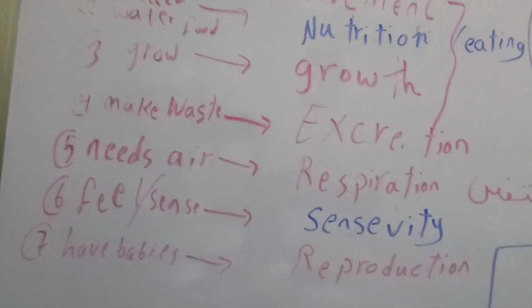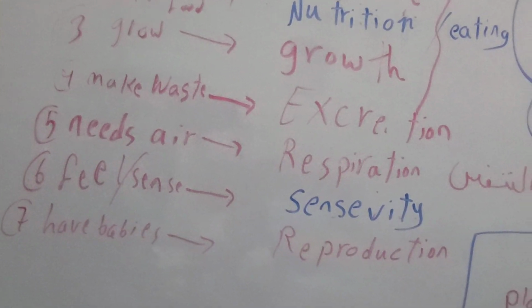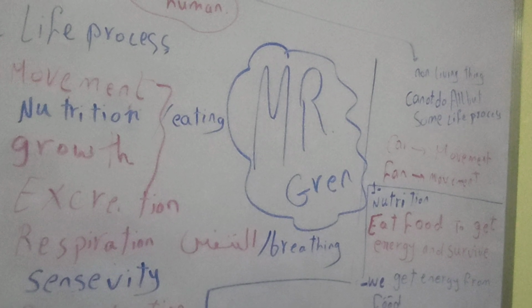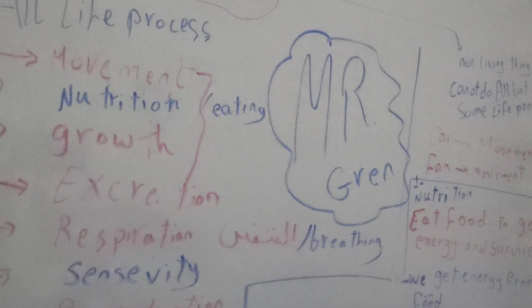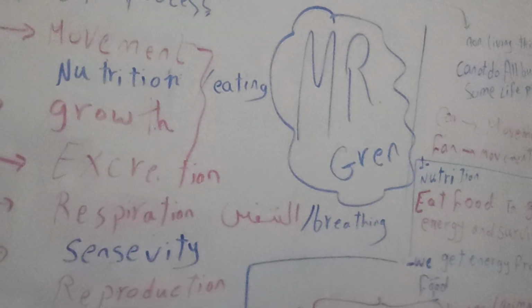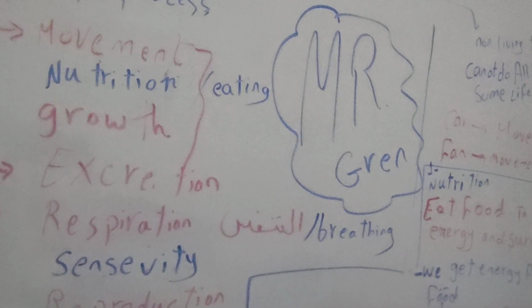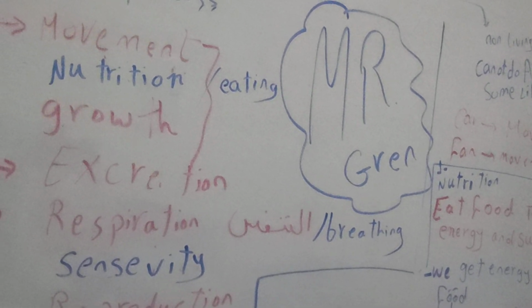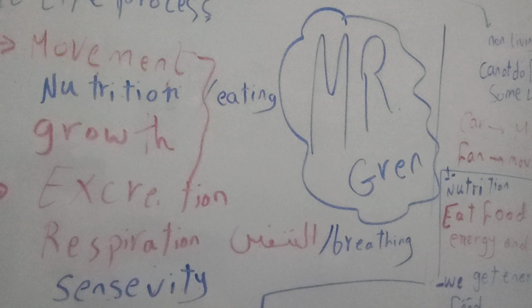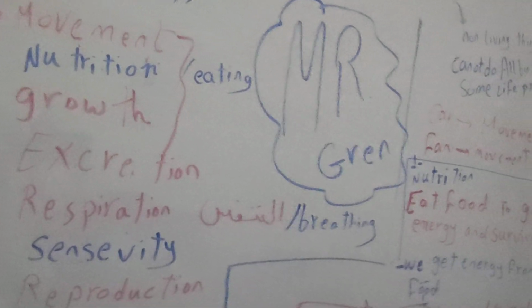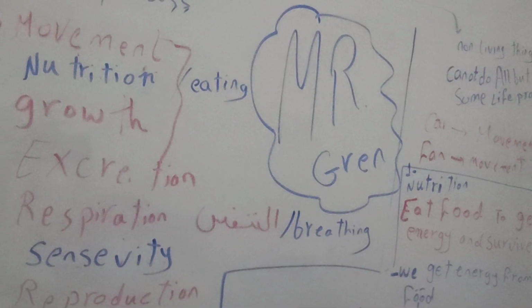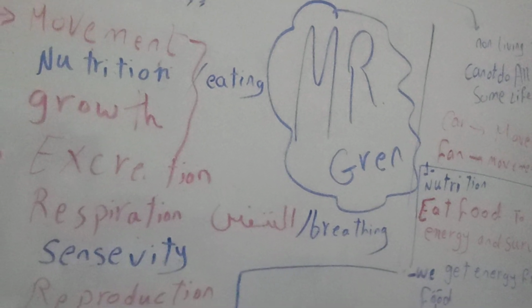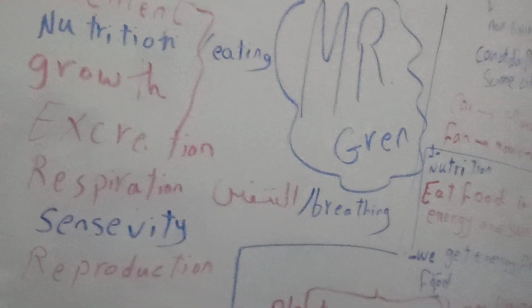How can we summarize, sum up all of this in a word? It's called Mr. Green, or MRGRN if you want. M for what? Movement. R for what? Respiration. G for what? Growth. R for what again? Reproduction.